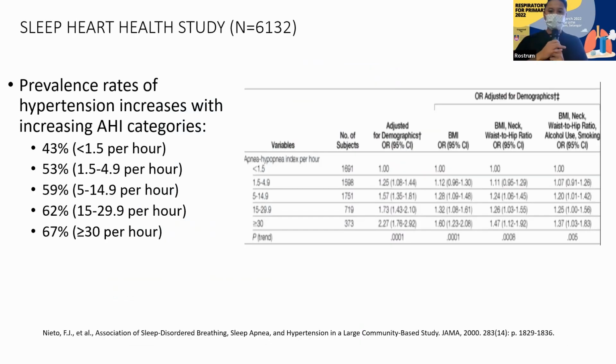Two major landmark epidemiological studies which show that OSA is a cause of hypertension are the Sleep Heart Health Study, number 1, and the second one is the Wisconsin Sleep Cohort Study. The Sleep Heart Health Study is a multi-site prospective cohort study implemented by the National Heart Lung and Blood Institute in the USA to determine the cardiovascular consequences of sleep breathing disorder.